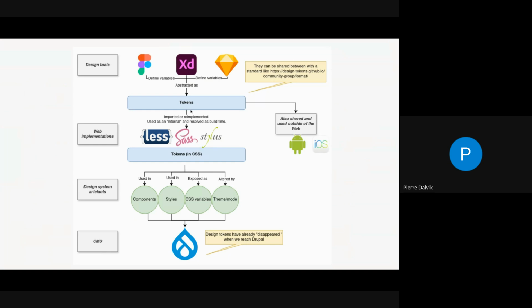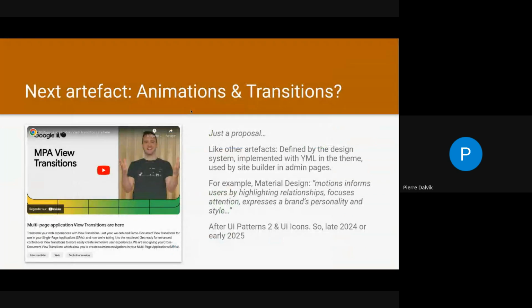Okay, let's continue. The tokens we don't care about, but there is an artifact which is becoming interesting: animation, motion, and transition. Until now, it was not very useful for multi-page application for server-side rendering, like we do on UI Suite and Drupal.